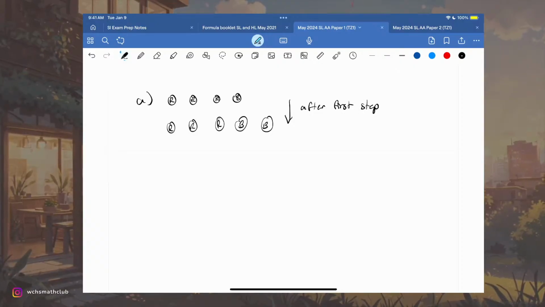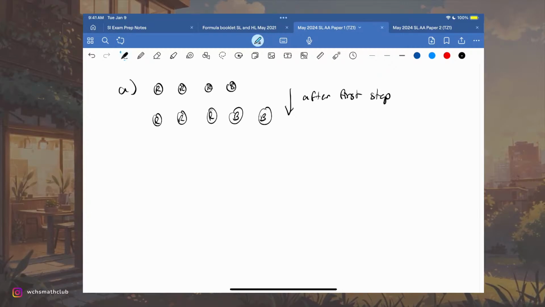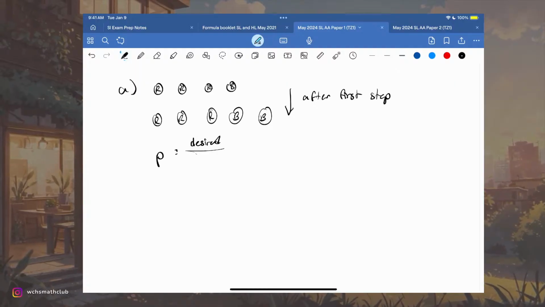Now we just have to compute the probabilities for P and Q. The probability of P, which is getting a red button, is going to be 3, so it's desired over total, and it's going to be 3 out of 5.